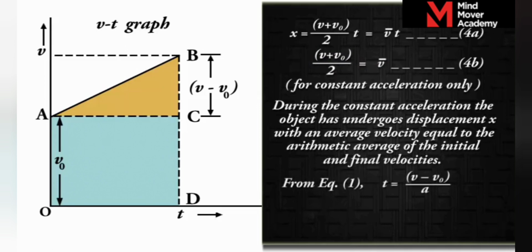From equation 1, t = (v − v₀)/a. Substituting this in equation x = (v + v₀)t/2 = v̄t.